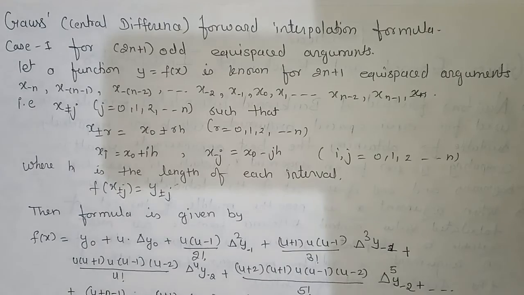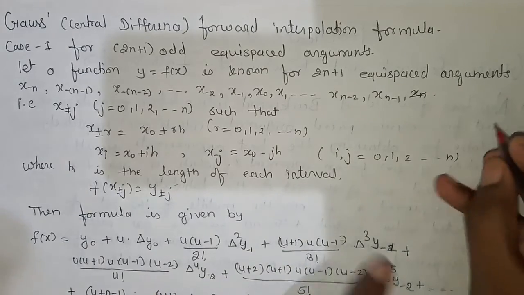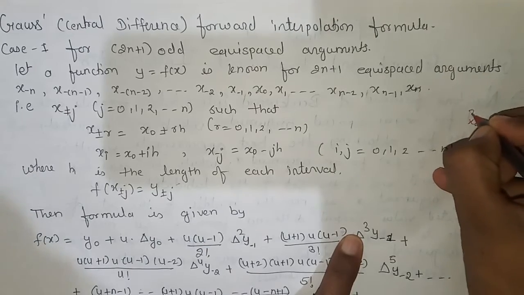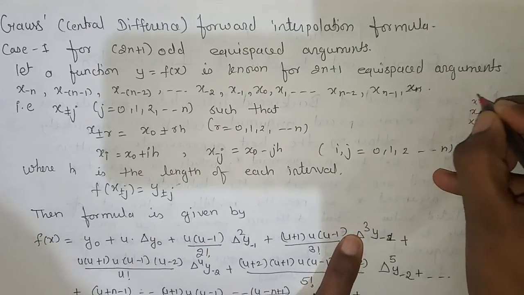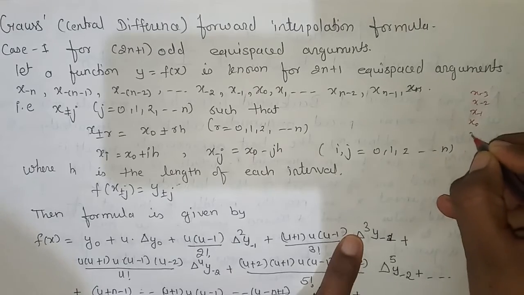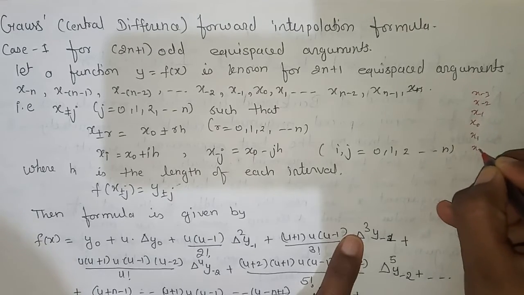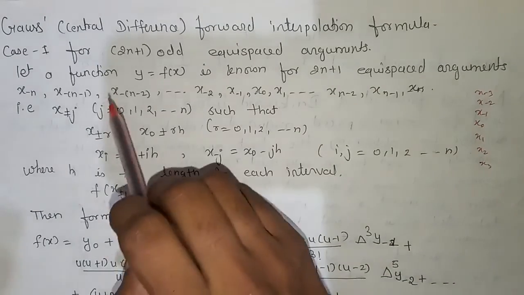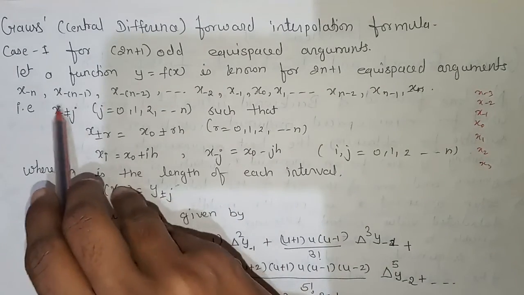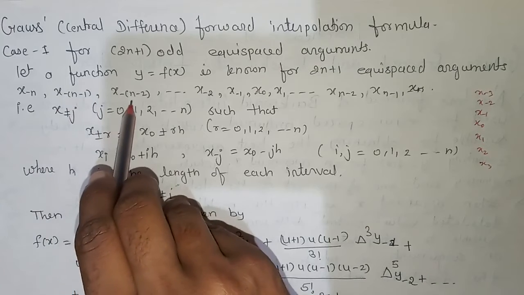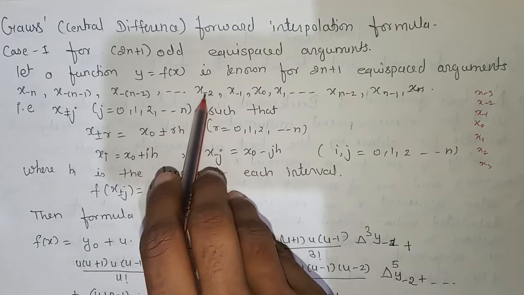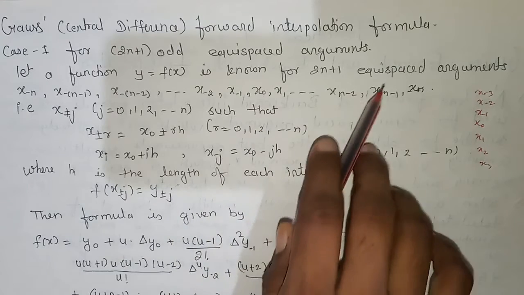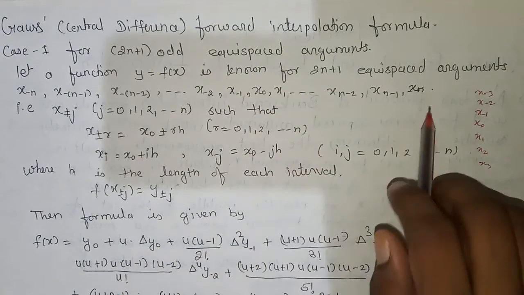So these are the arguments: x minus n, x minus n plus 1, up to x minus 2, x minus 1, x0, x1, x2, up to the last value xn.